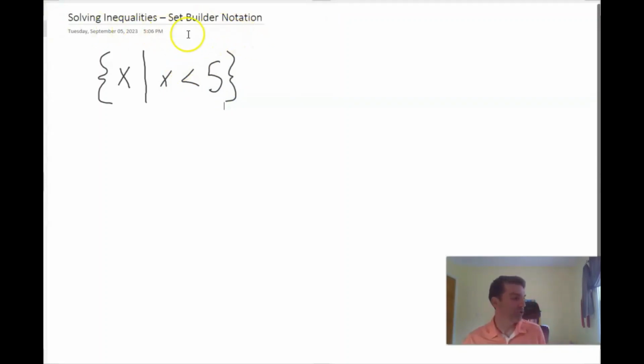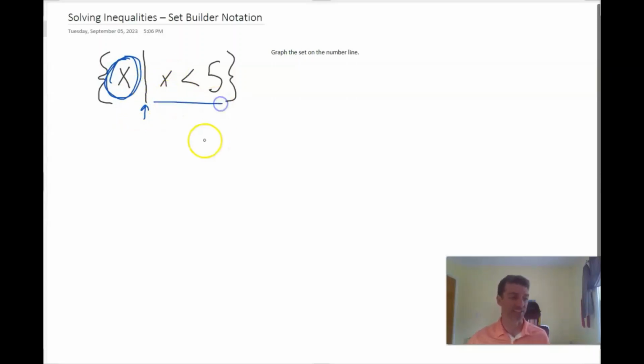And what you'll be told to do with that is something like graph the set on the number line. Right? Graph the set on the number line. And the word set means a group of numbers. And so what this notation means is this is the variable that you're going to be talking about. And you're to graph all values of this such that, that's kind of what that line means, such that x is less than 5.